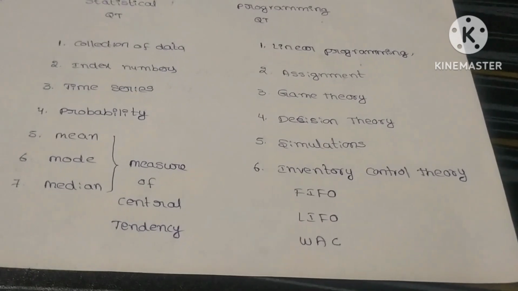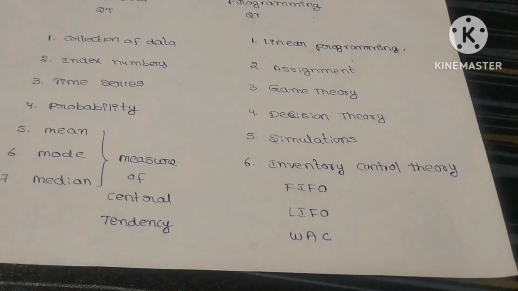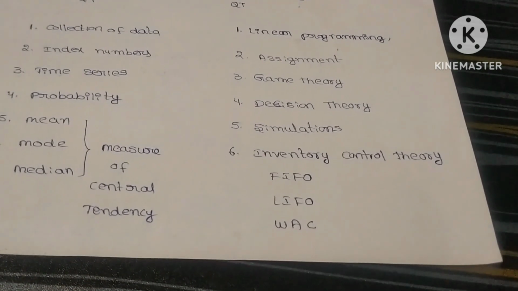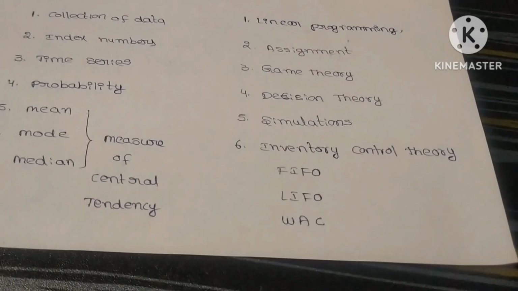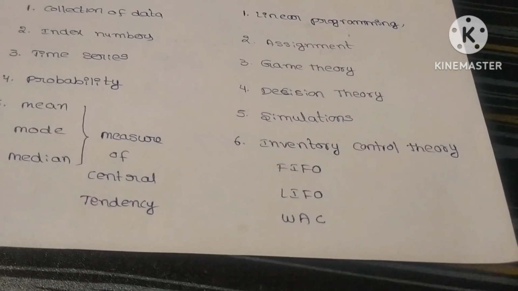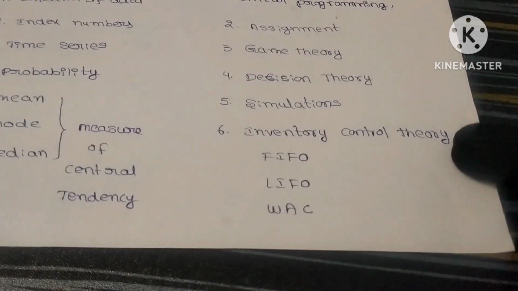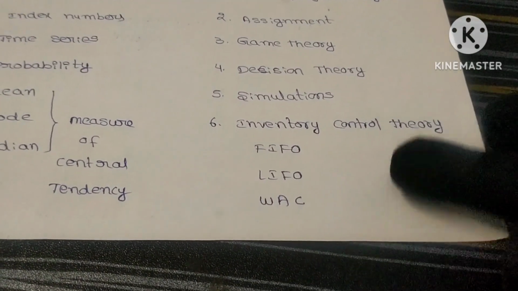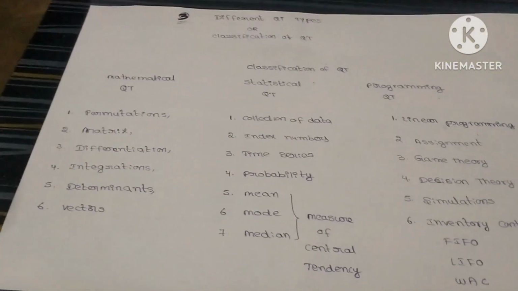And WAC stands for weighted average cost. A few days ago you might have written the examination of ME, Managerial Economics. In that there was a case study for 10 marks, based on this concept of inventory control, FIFO, LIFO, and WAC. So these are all the types of quantitative techniques.